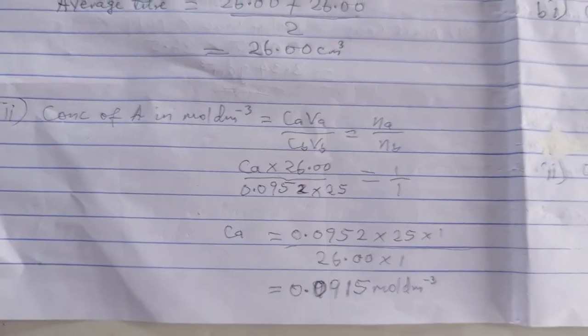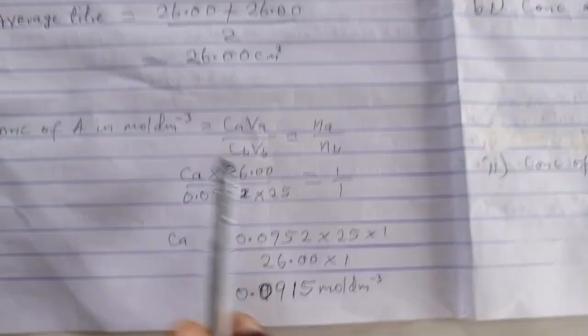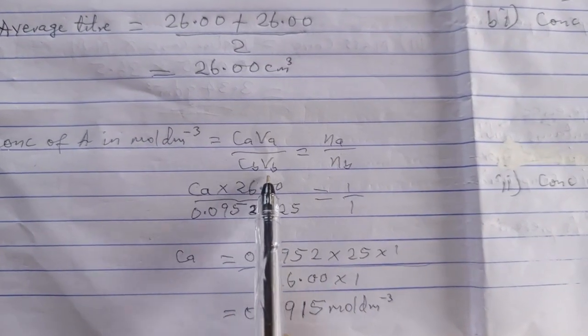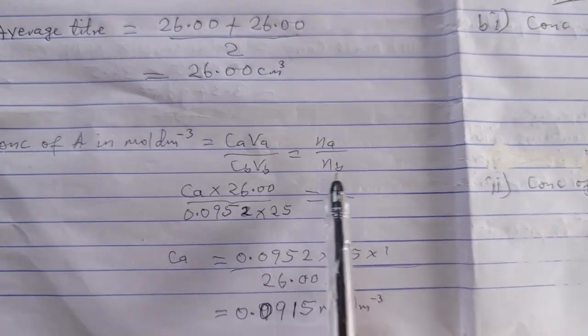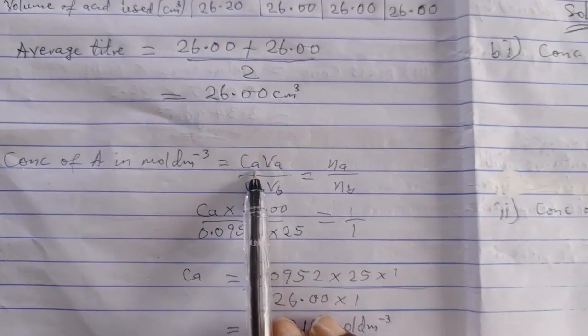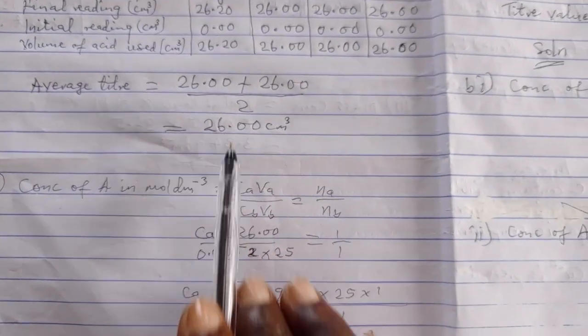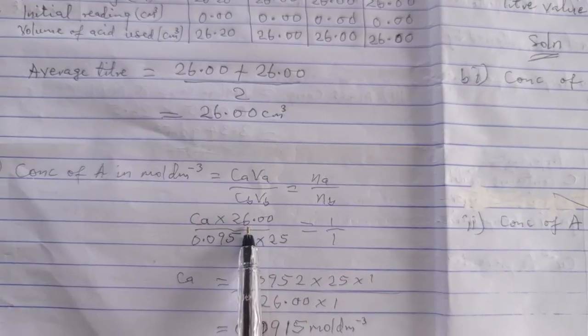Now checking this place, you have this formula, CAVA all over CBVB equal to NA all over NB. What is CA? CA is what you are looking for. VA is the volume titer value, which is this. You substitute it all over.